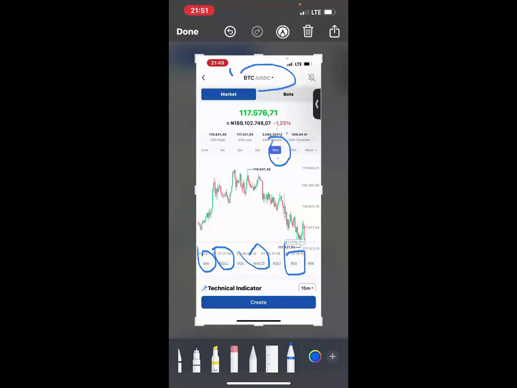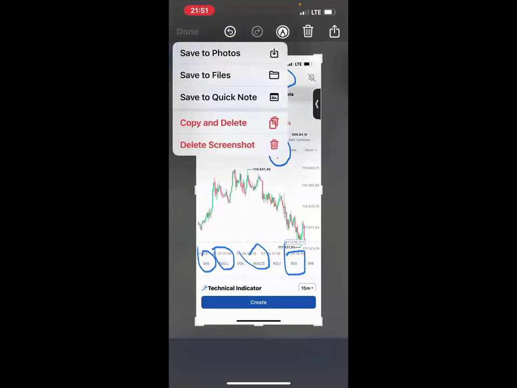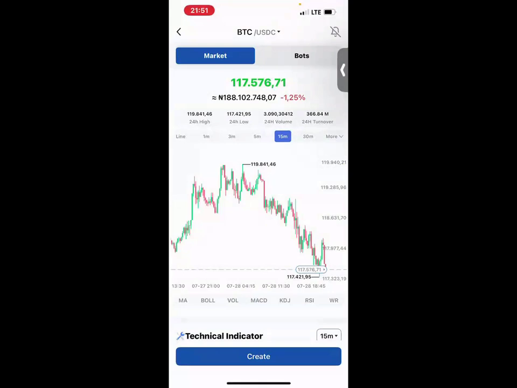So right here, the first indicator we'll be using will be our MA, which is our moving average.